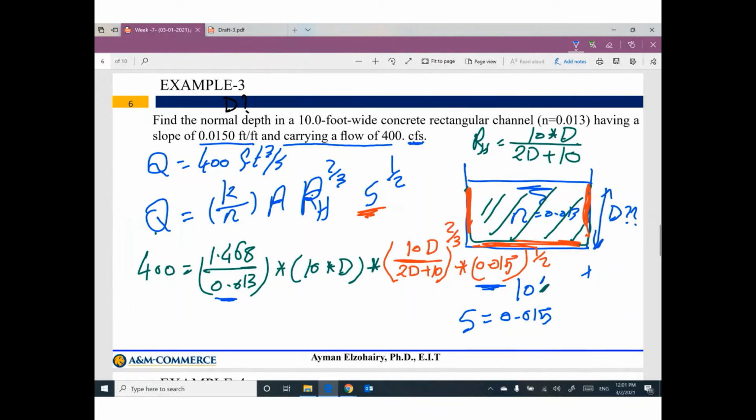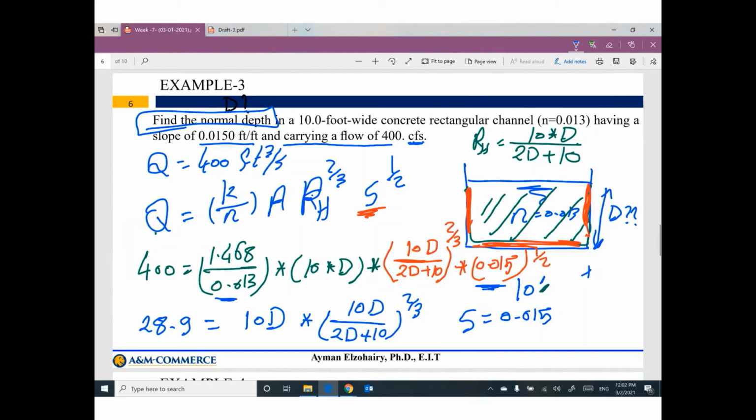So on the other side we will have 28.9 equals 10D times 10D divided by 2D plus 10, all to power 2/3. What is the value of D? This equation has only one unknown, which is the water depth.